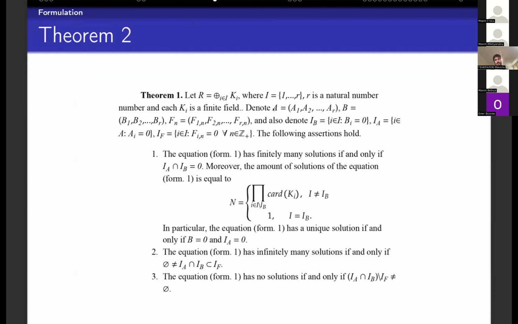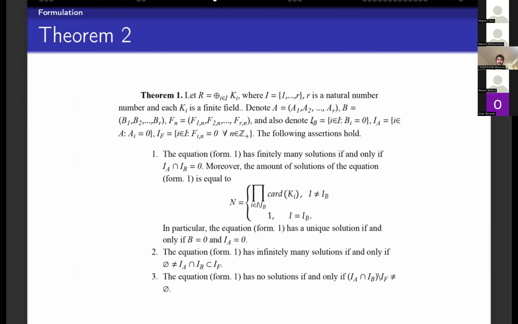Denote A, B, and F sub n those elements. This index denotes just the place of the element in brackets, and also introduce the following denotations: I sub A, I sub B, and I sub F. I sub B is all indexes for which B sub i is equal to 0.